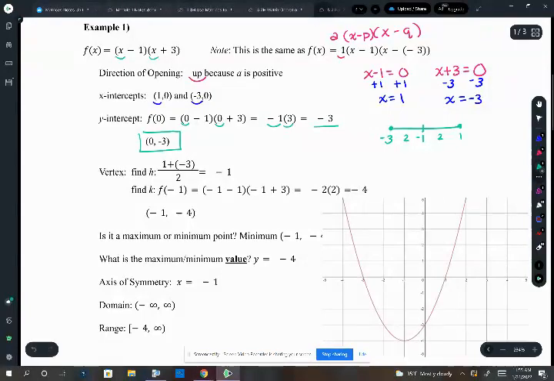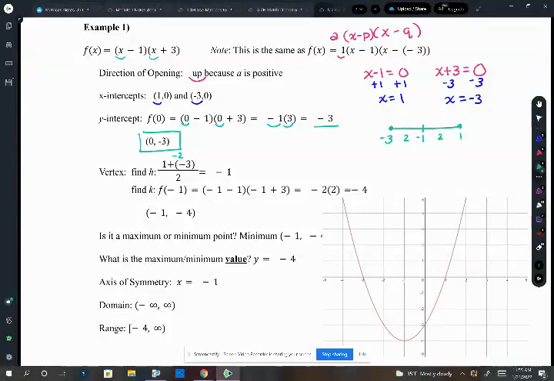If we add those two values together, 1 plus negative 3 is negative 2. Negative 2 divided by 2 is negative 1. So that's one way to look at it. When you get x equals negative 1, then we're going to take negative 1, and everywhere there's an x, we're going to plug in negative 1.